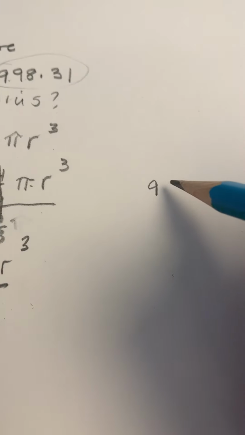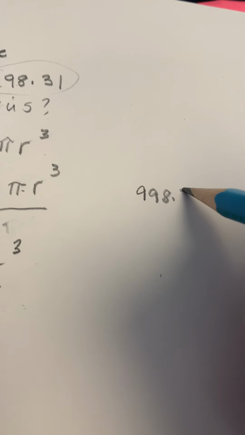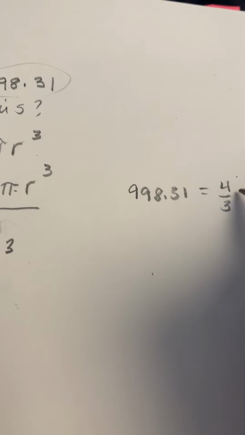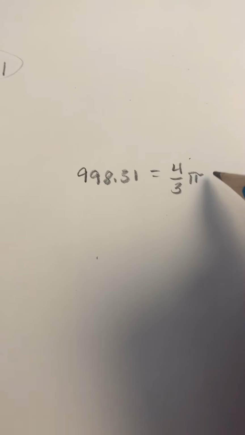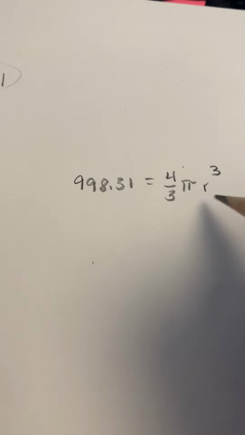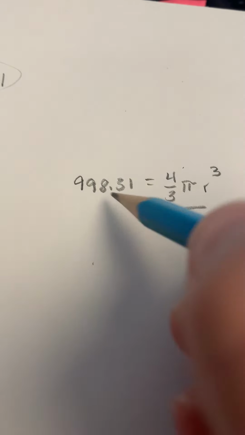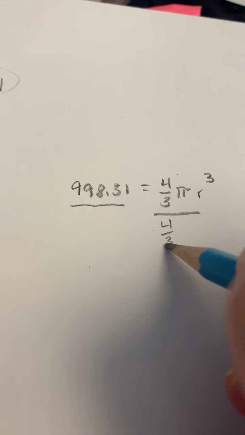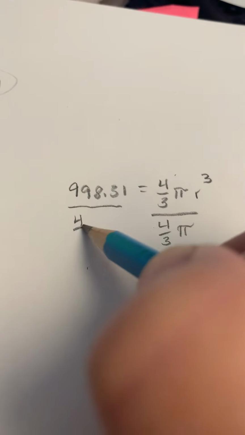All right, let's just go back to this step for a second, because some of you might want to make this move. There are some of you that have desires to push this a little bit, so I just want to show this to you. You can actually multiply by the reciprocal if you want here. Or you can just divide by 4/3 and pi together.